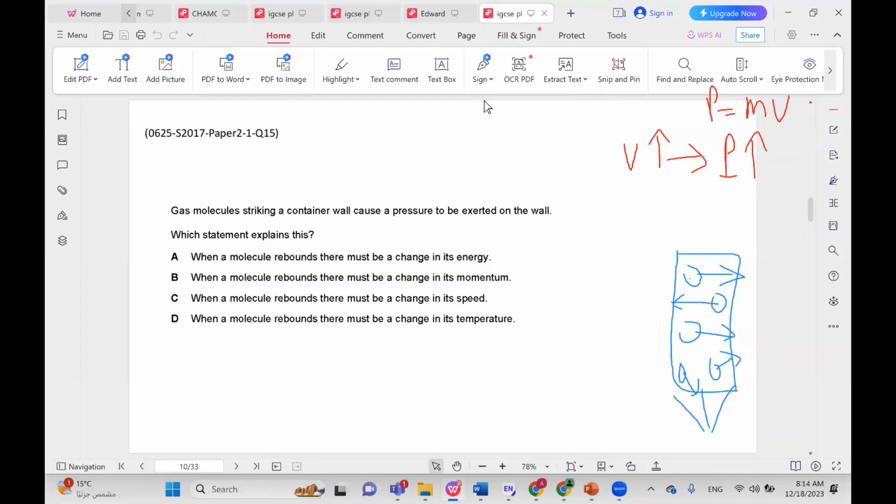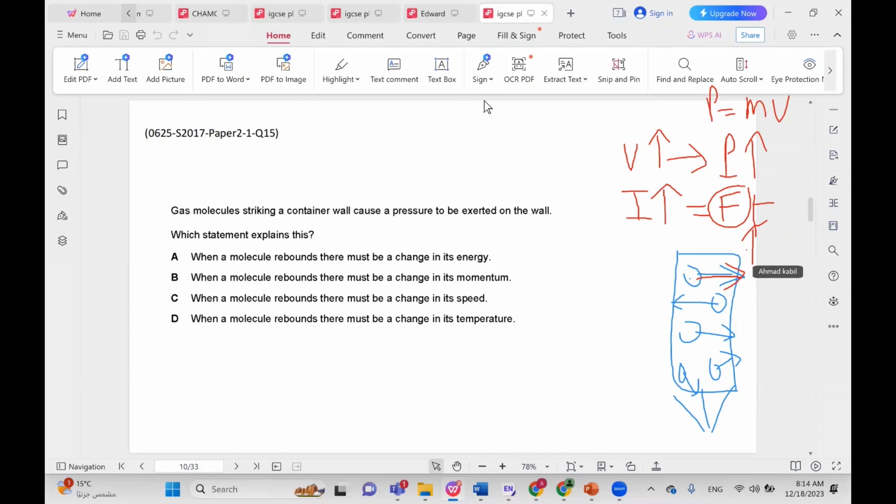So what happens when they collide with the wall at a greater momentum? Well, as the momentum increases, after the collision, the impulse increases as well. And there is an equation for impulse. Impulse equals force times time. So the force increases as well.